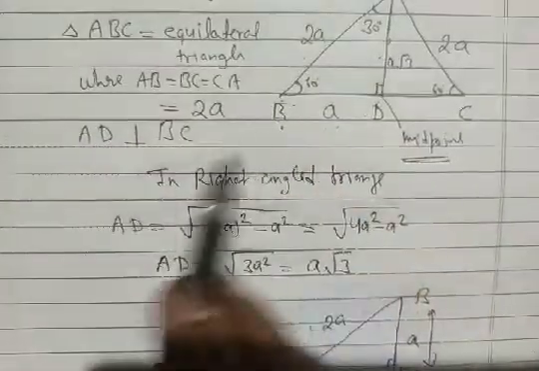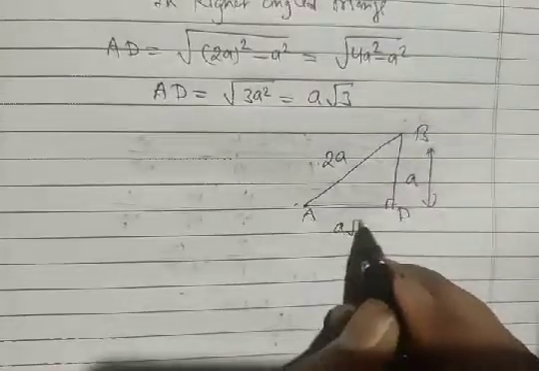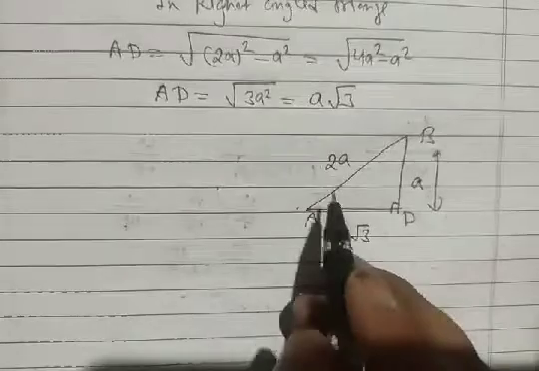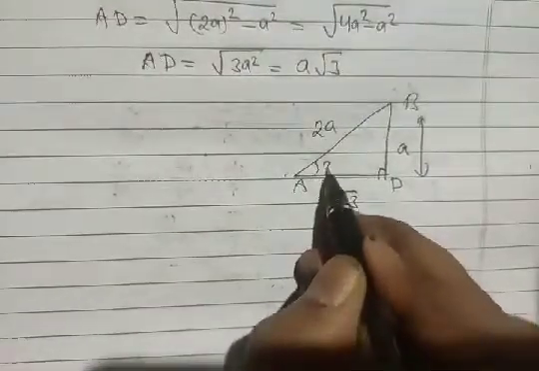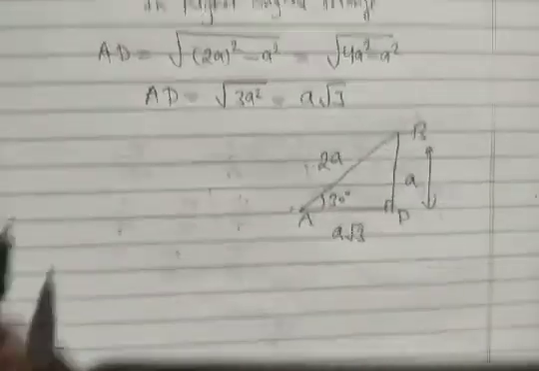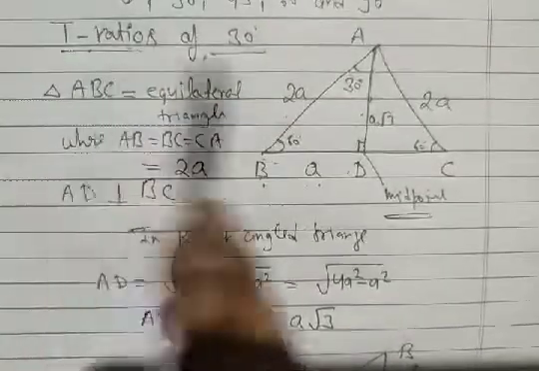And AD is A root 3. Now, what is our angle A? This is our 30 degree.